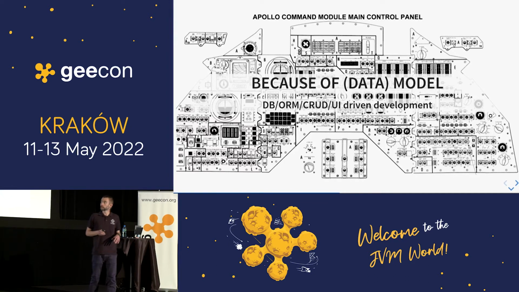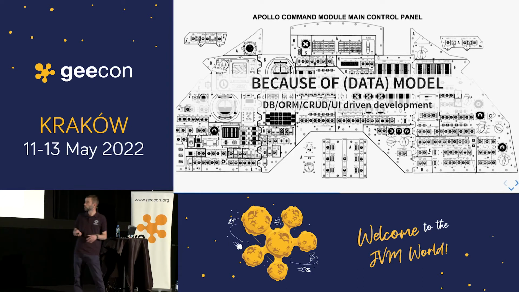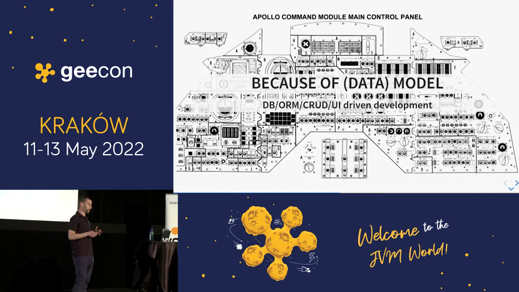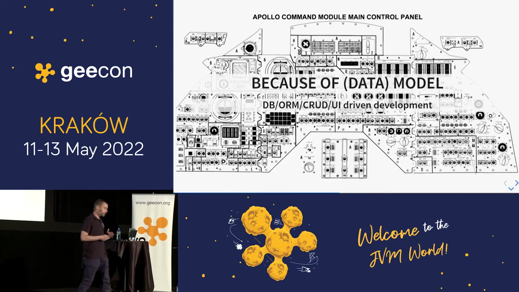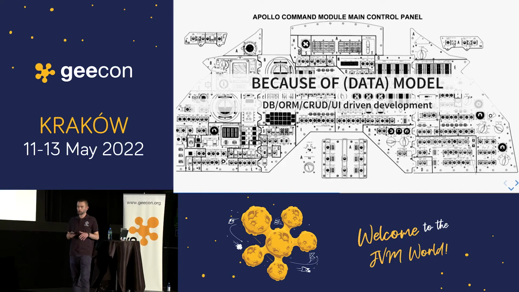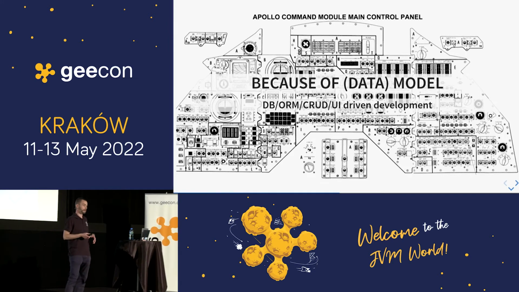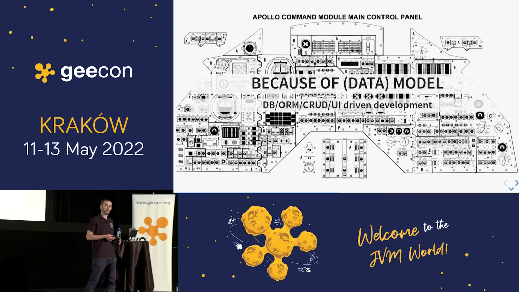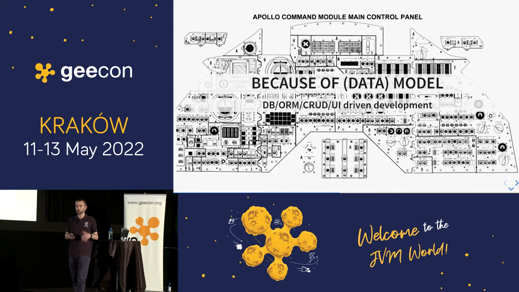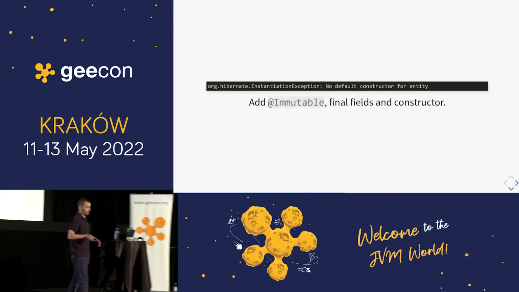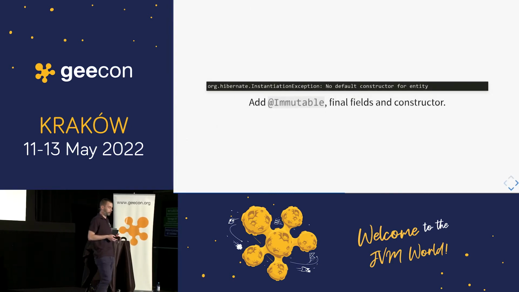This image isn't easy to read, not intentionally, because sometimes your UI or your entities look like this one. I mean, if your table has 20 or more columns, then your JPA entities also have 20 or more columns. And of course, setters are very popular in JPA entities.